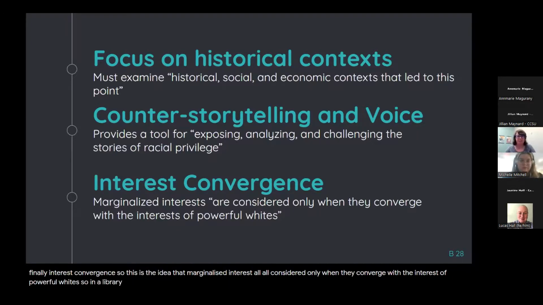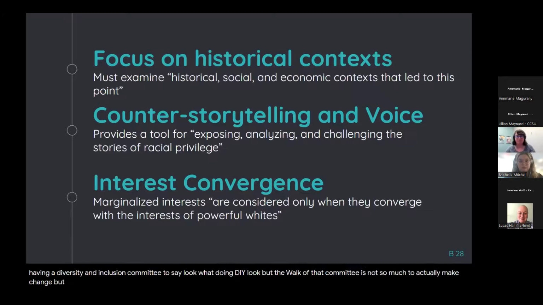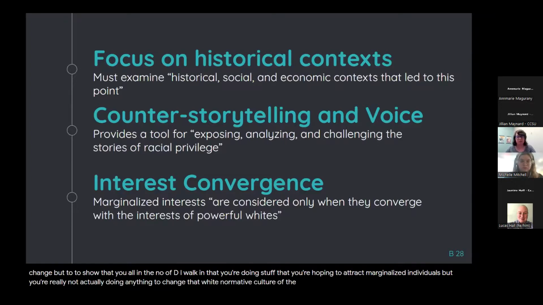So in a library context, this might be, and I think the example of ALA was mentioned in the other session, showing that you're having a diversity and inclusion committee to say, look, we're doing DEI work, but the work of that committee is not so much to actually make change, but to show that you are in the know of DEI work and that you're hoping to attract marginalized individuals, but you're really not actually doing anything to change that white normative culture of the library.